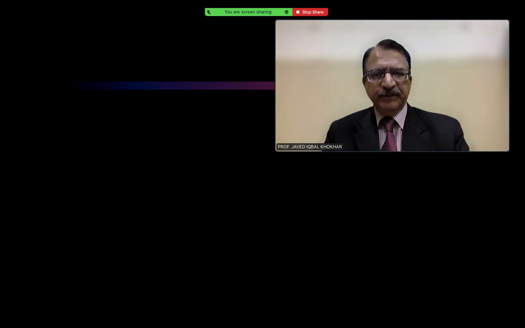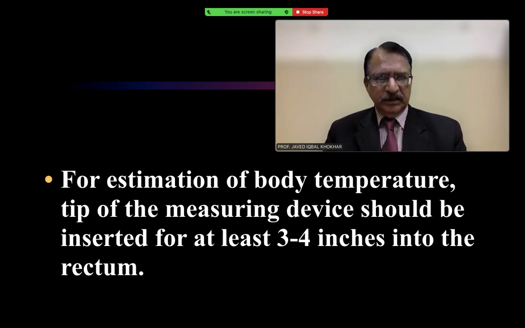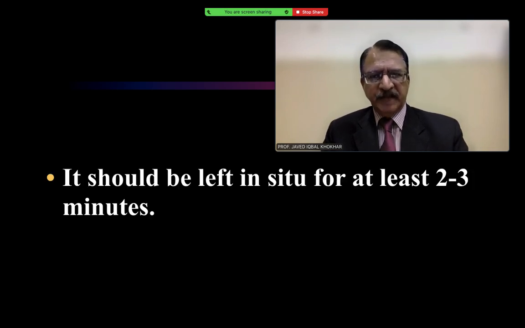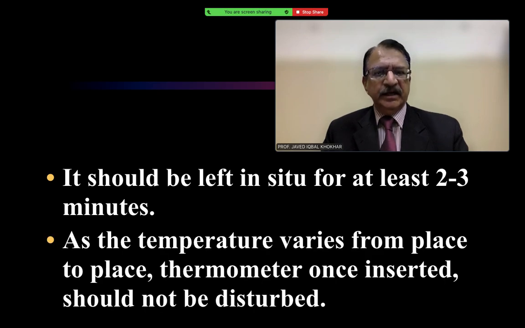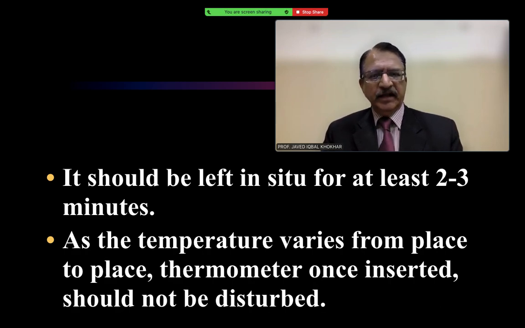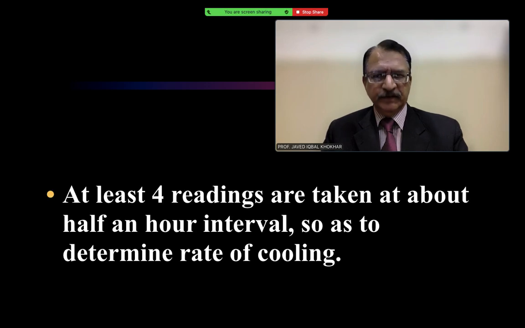While recording the temperature, the thermometer is inserted into the rectum for 3 to 4 inches, and it is kept there for 2 to 3 minutes, and as the temperature varies from place to place, you take 3 to 4 readings and do not disturb the thermometer and keep it lying there for 2 to 3 minutes. At least 4 readings are taken at approximately half an hour intervals to determine the rate of cooling.